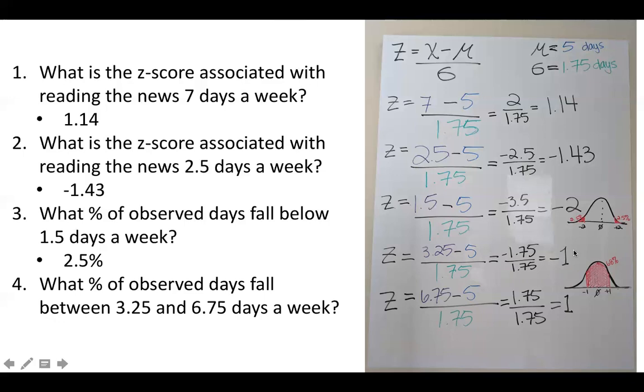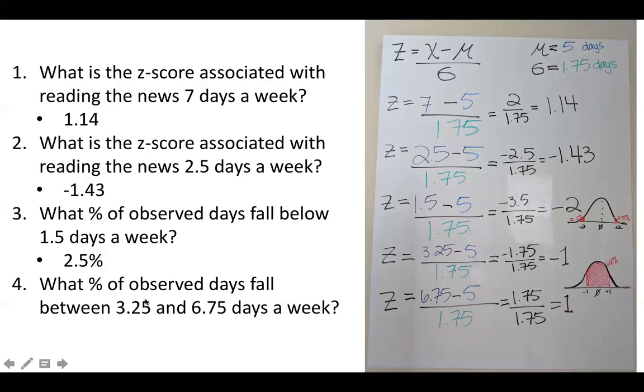So the z-score associated with 3.25 is negative 1. I do the same for the 6.75 days a week. So here in my numerator, I have 6.75 minus 5. That is 1.75. Divide that by 1.75 and I get positive 1. So the z-score associated with 6.75 days a week is positive 1.